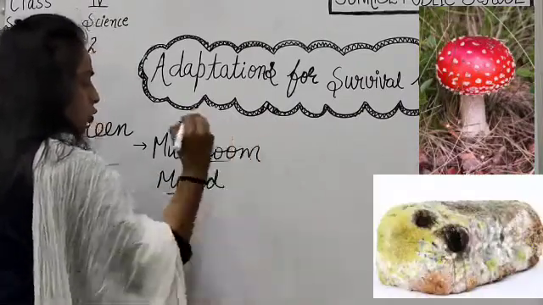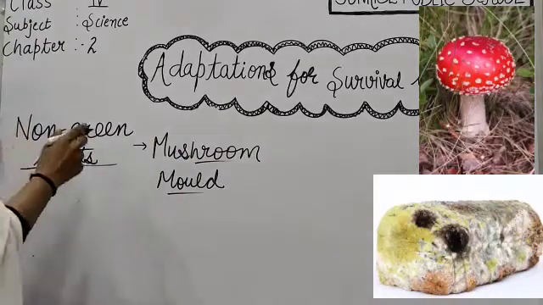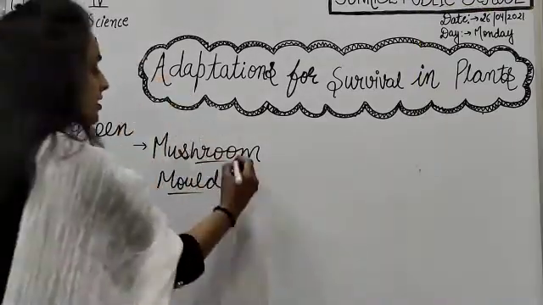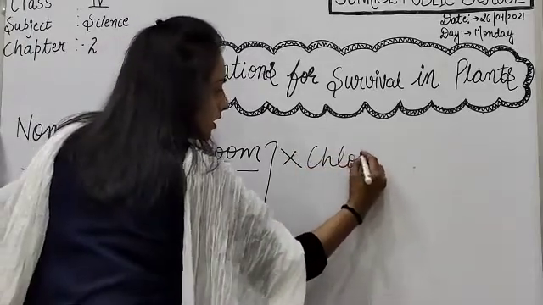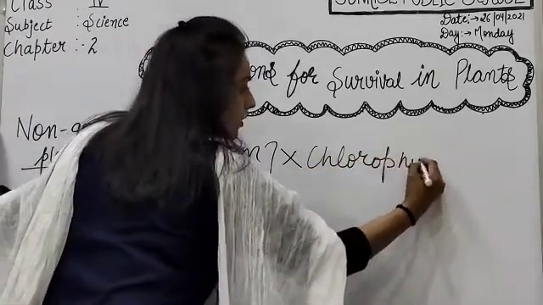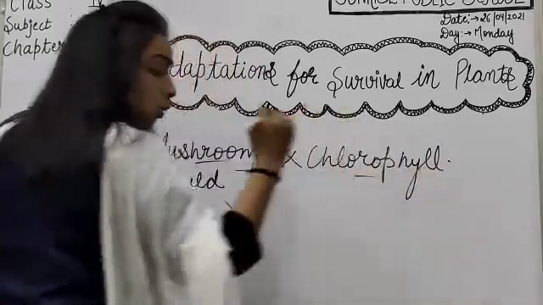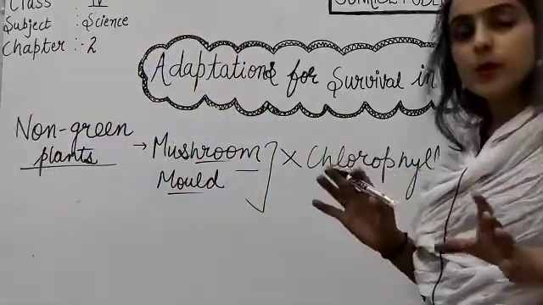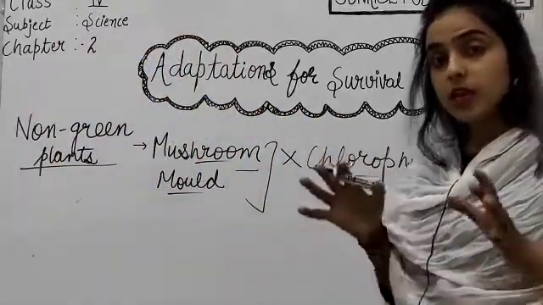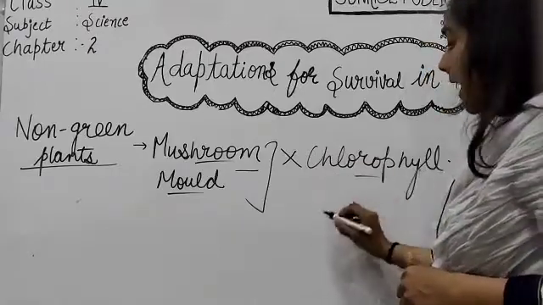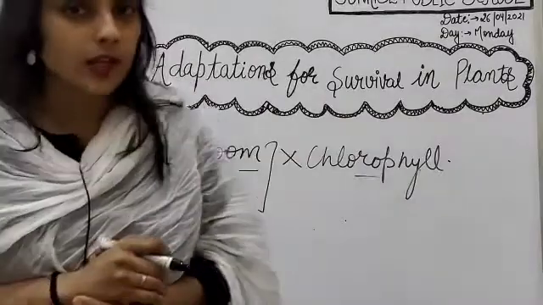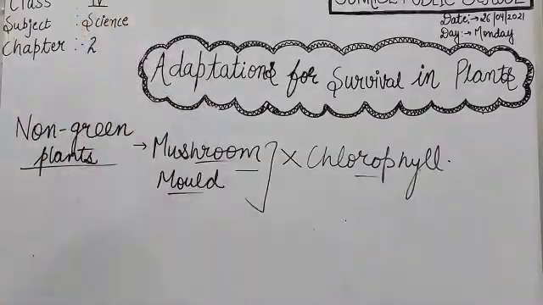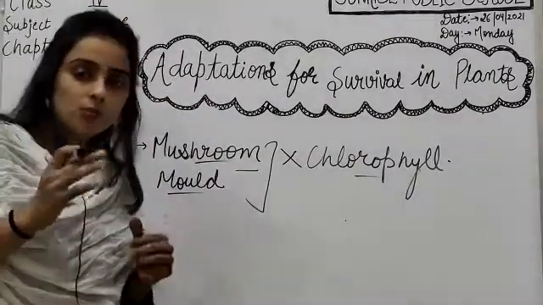These are two examples of non-green plants, meaning they do not have chlorophyll in them. Then how can they prepare their food? They do not prepare their food. They obtain their food from dead and decaying plants and animals.